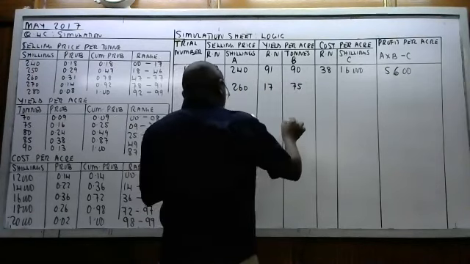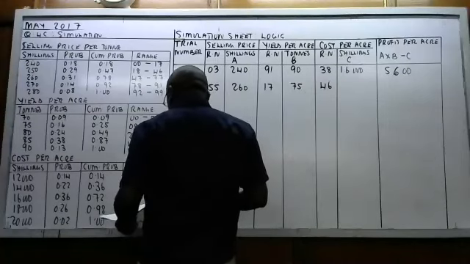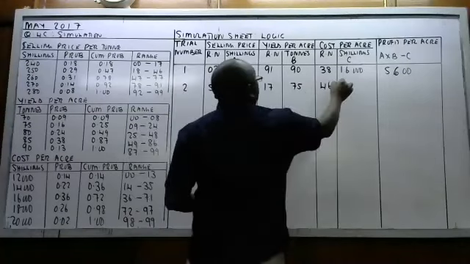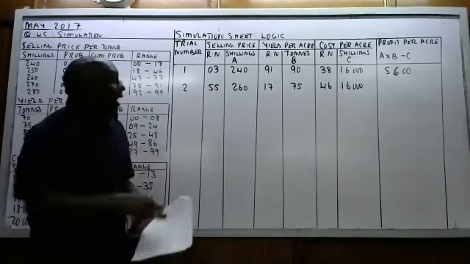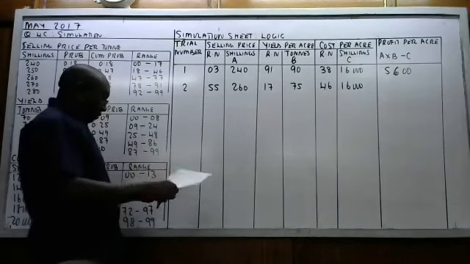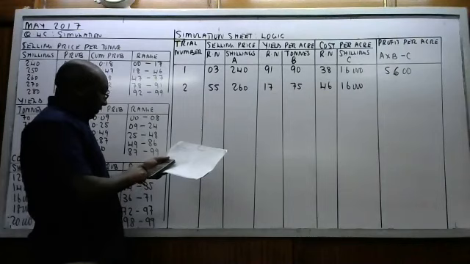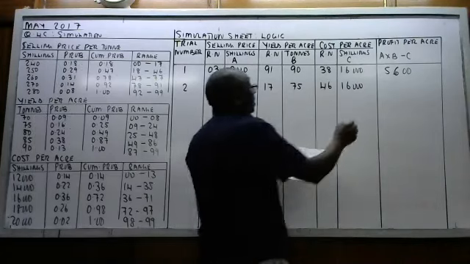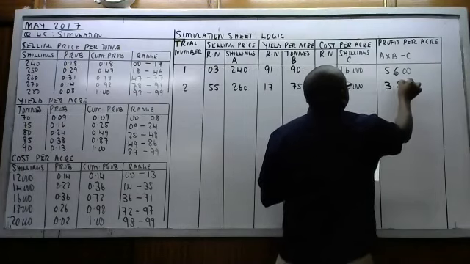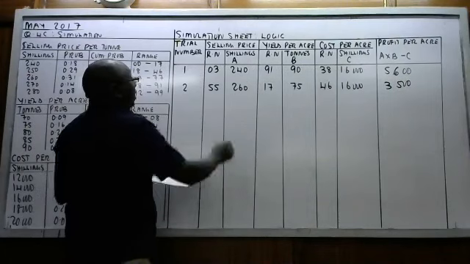After 17, I have 46. 46, looking here, is 16,000. So quickly, 260 times 75 minus 16,000, getting 3,500. Let's just proceed because I may make an error.